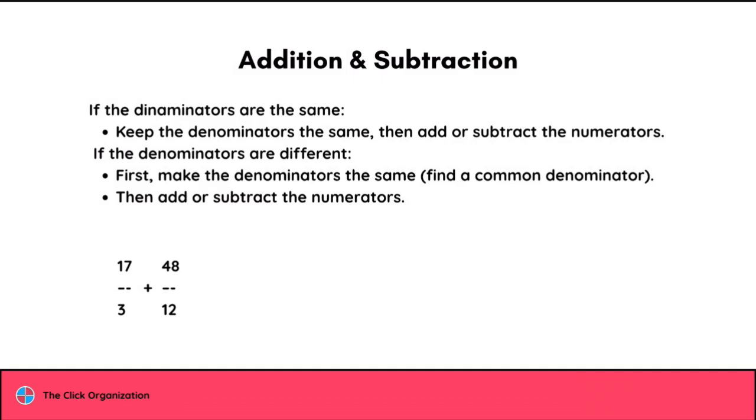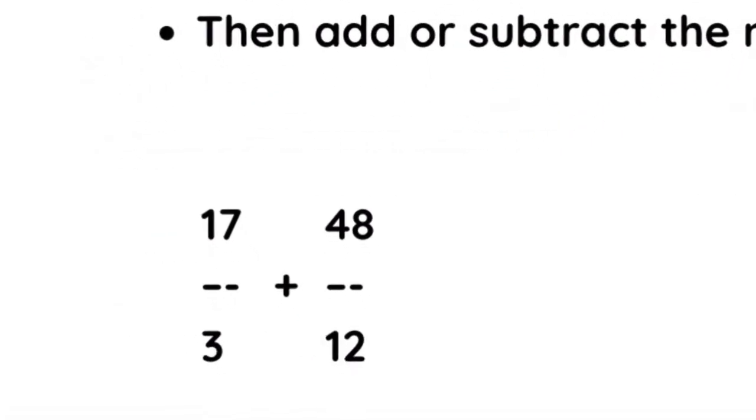So yeah, as I said, we look at the denominators, and whether they are the same or not determines how many steps we have in solving the operation. So let's take a look at this example. 17 divided by 3 plus 48 divided by 12.